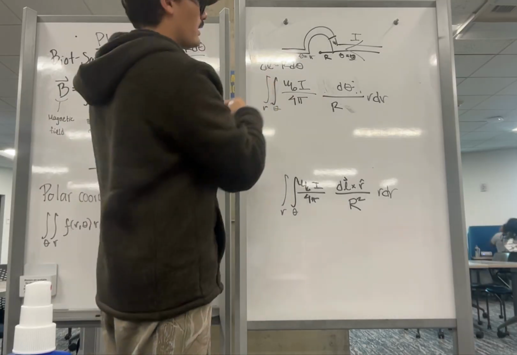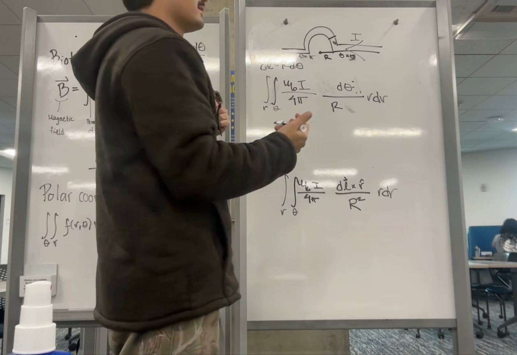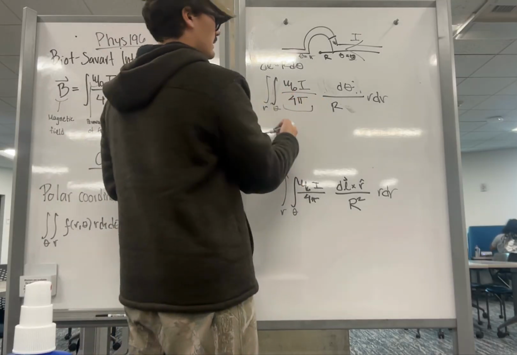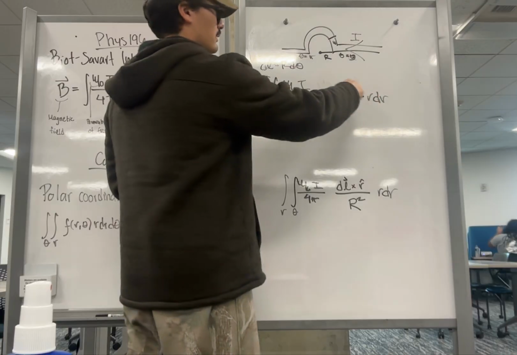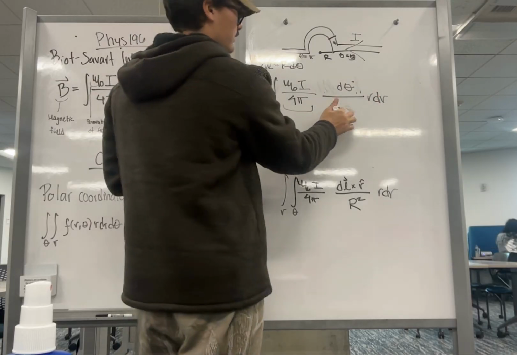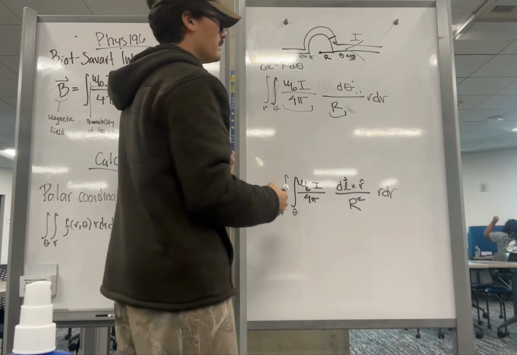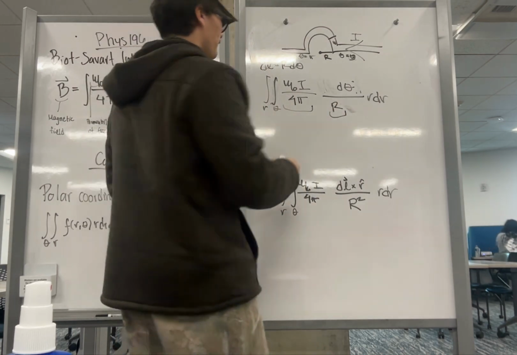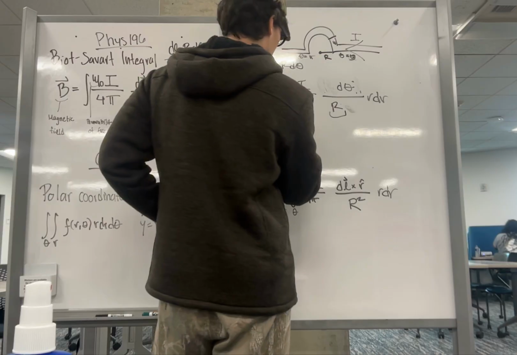I'm just going to take out all the constants that are not relevant to the integration. So this whole clump doesn't have any variables that are taken into account. This also is not taken into account. So what we're left with is literally just the integral of r dr d theta. So I'm just going to bring everything out.